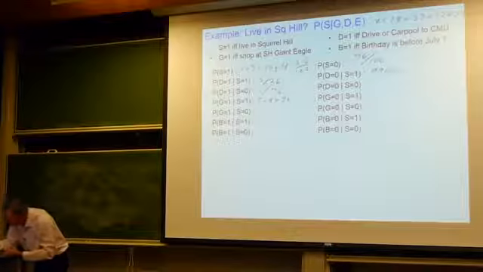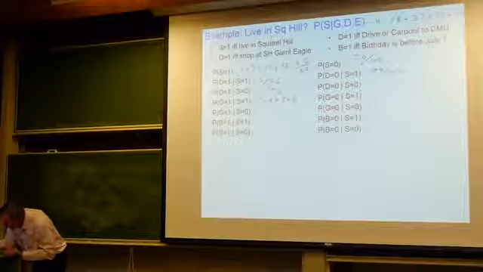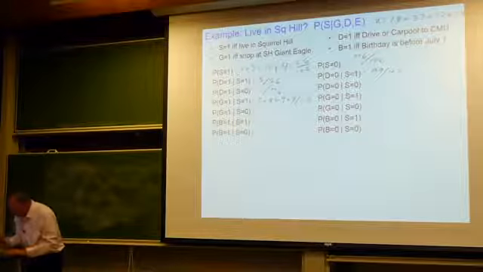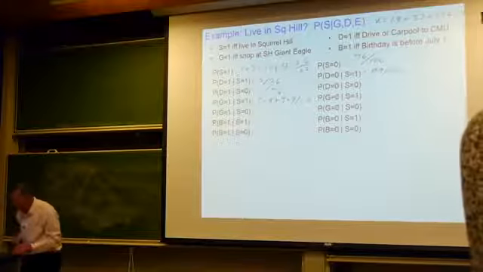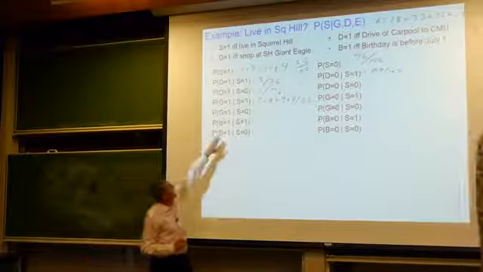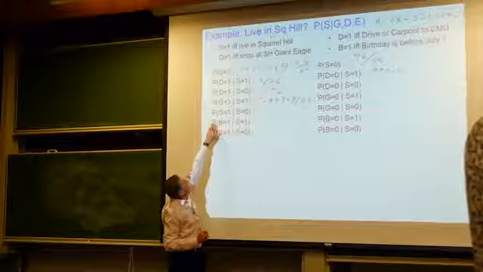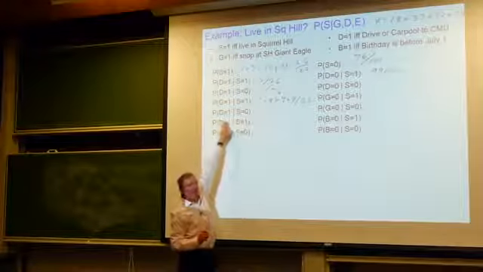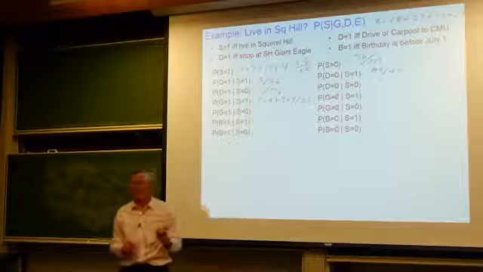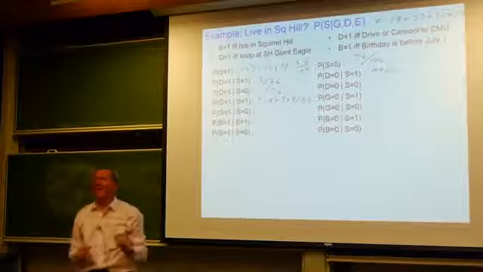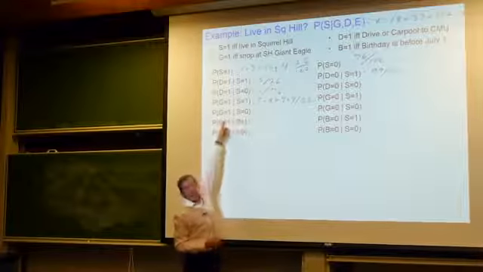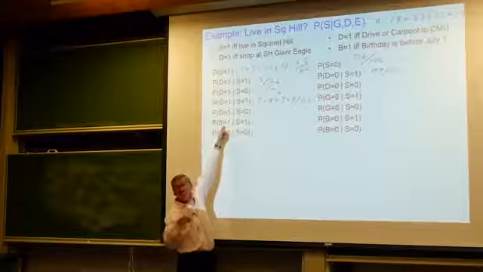Okay. And that's out of 26. And if you do not live in Squirrel Hill, but you shopped at Giant Eagle, raise your hand. You must not be living in Squirrel Hill, but you shopped in the Giant Eagle, which is in Squirrel Hill.